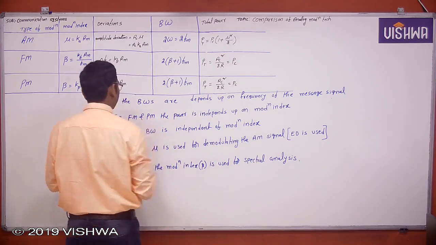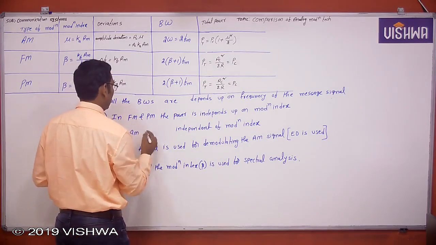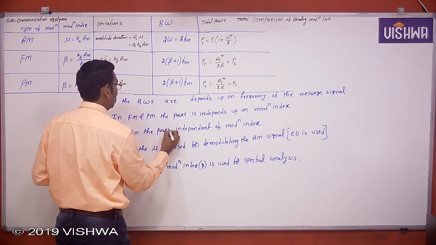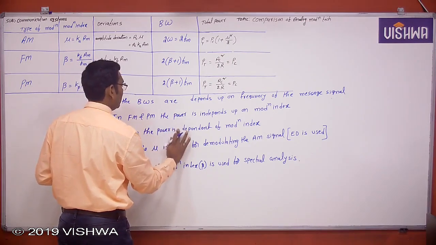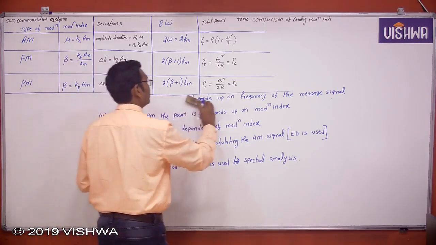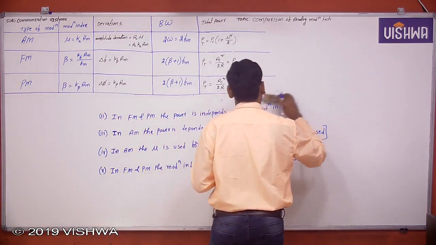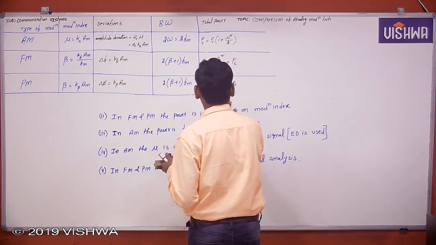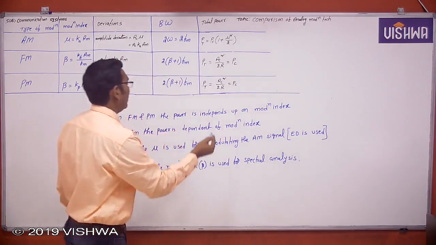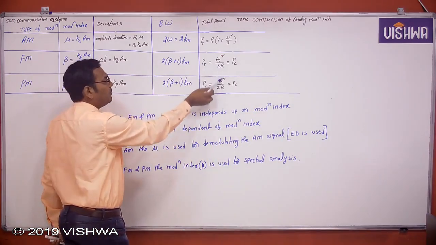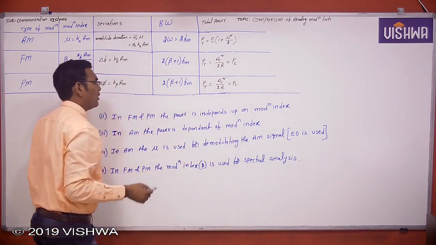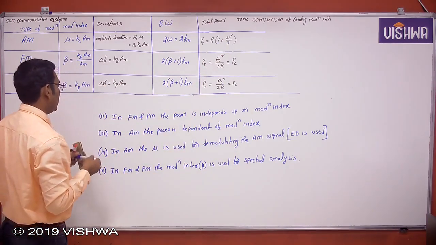In AM, the power depends upon modulation index. See here, in FM and PM, the power is independent of modulation index, but in AM the power depends upon modulation index.